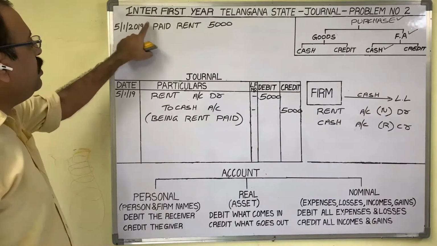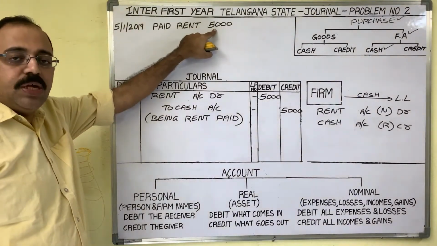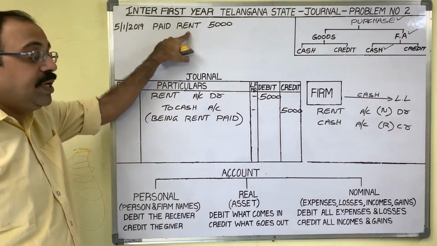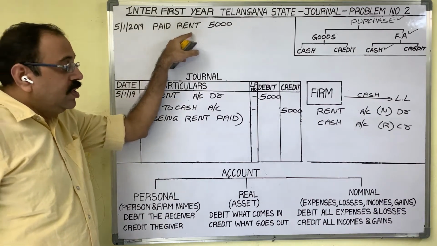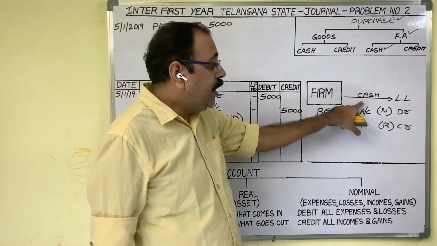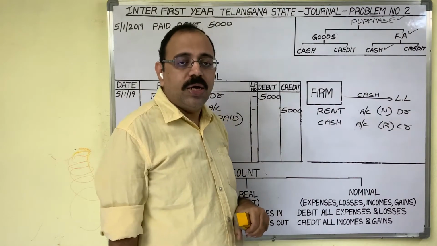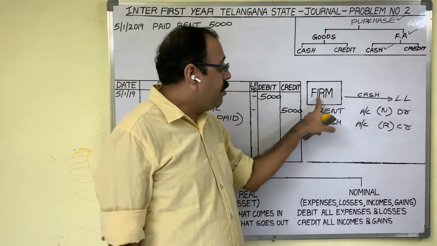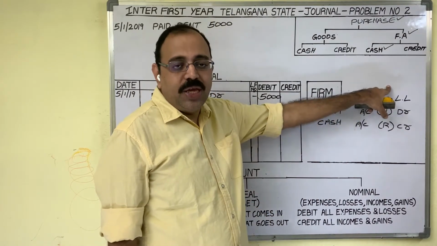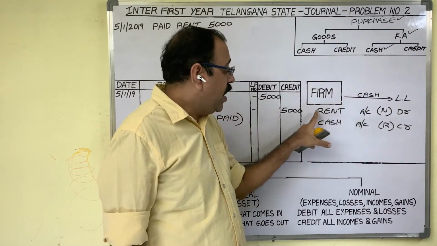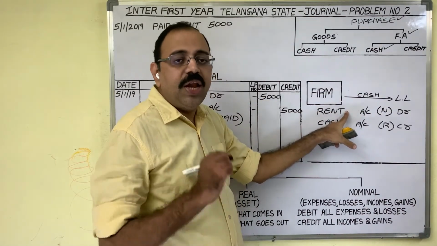Fifth day transaction, paid rent 5,000 rupees. This is an expenditure related transaction. The firm paid rent to the building owner, landlord. From the firm, cash is going. Two accounts: the expenditure name is one account.